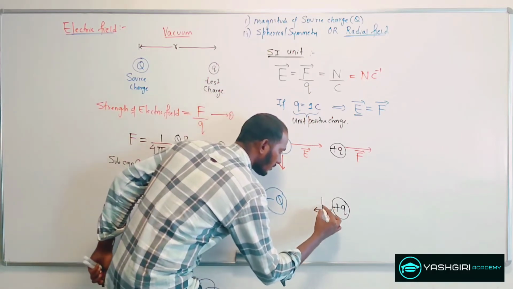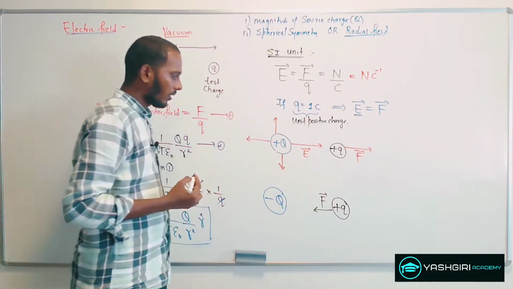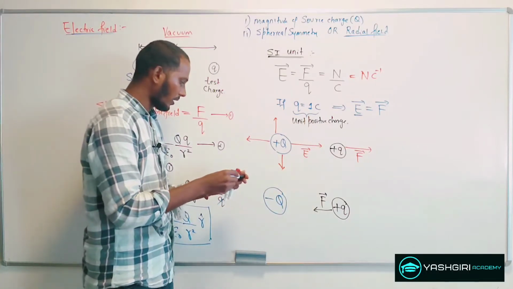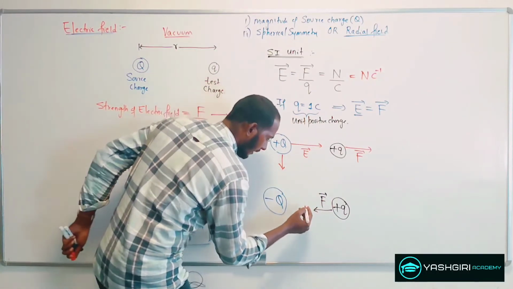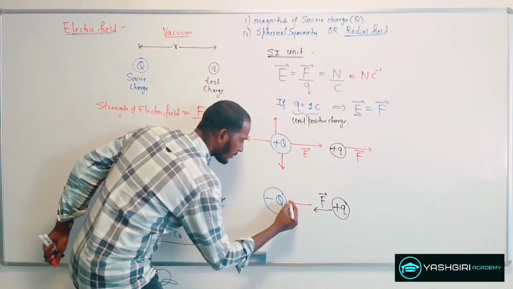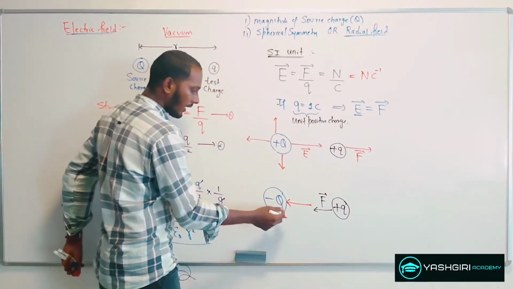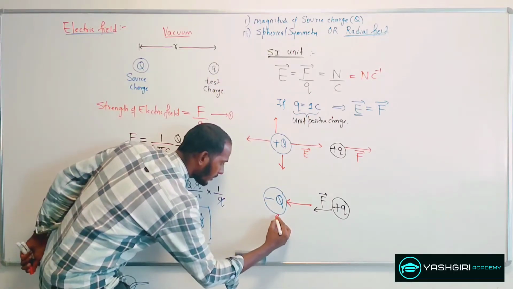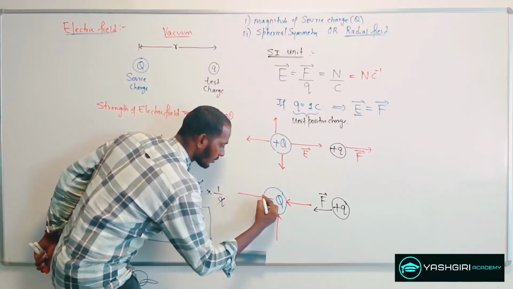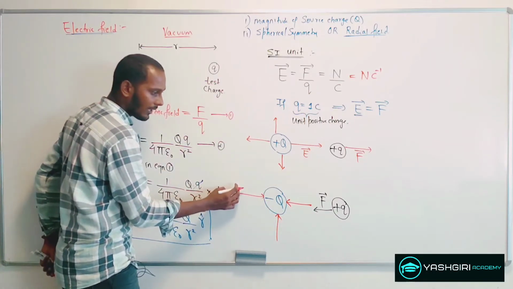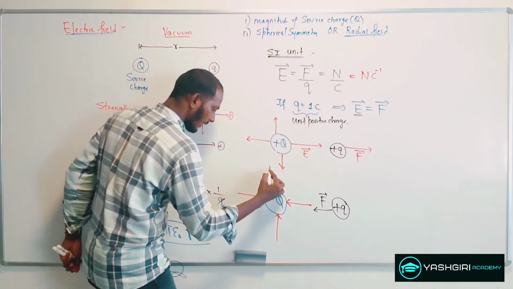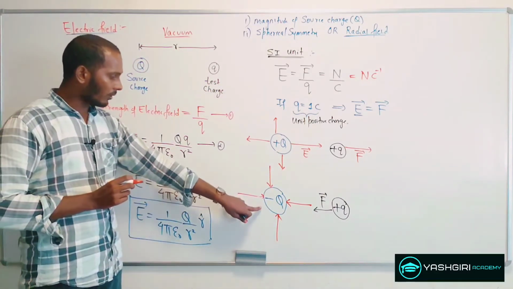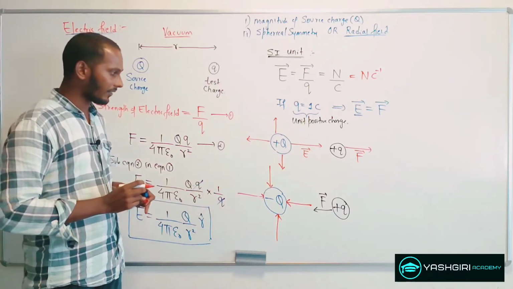So that's the force I know. Now, the same sign also goes for the electric field. So here the electric field will be pointing inward. So whenever you see a negatively charged body, the direction of the electric field will be pointed inwards. So if you place a net positive charge over here, it will be inward, and like that. So it's radially inward. So that's about the direction of the electric field.